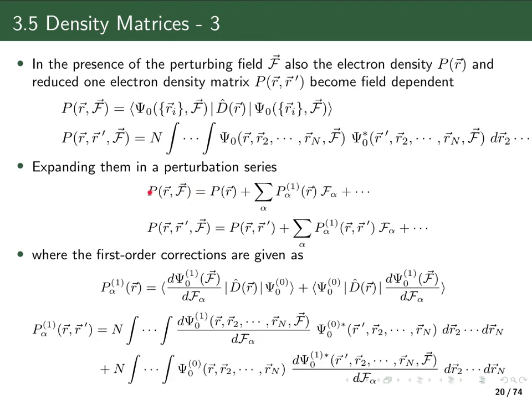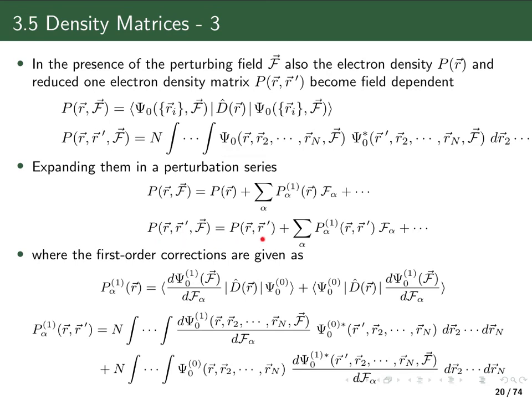And here for the density, I have the field-dependent density. And here I have the unperturbed one as the zeroth order term. And then I get the first order, second order, and so forth corrections. And here I've written the first order correction. And I write it a bit differently than we've done with the wave function, because I immediately split it up into the component of the fields and what is essentially the derivative of the first order correction to the density matrix, which I call here P alpha first order.